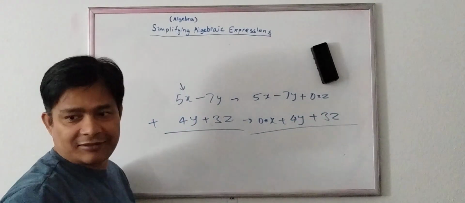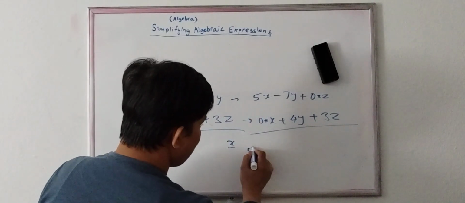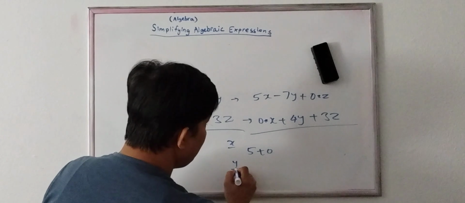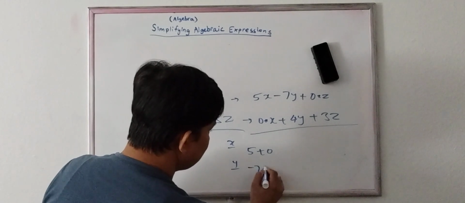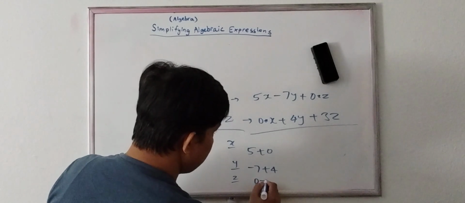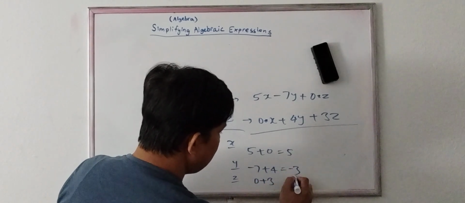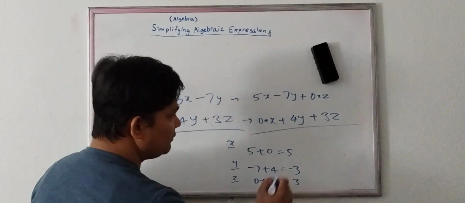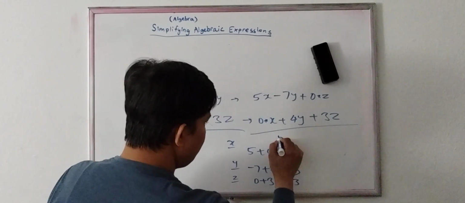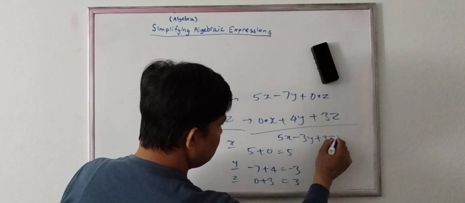Now, is it perfect? Now you have to do the same thing. For x, 5 plus 0. For y, minus 7 plus 4. For z, 0 plus 3. So this will be 5, this will be minus 3, and this will be 3. So the answer will be 5x minus 3y plus 3z.